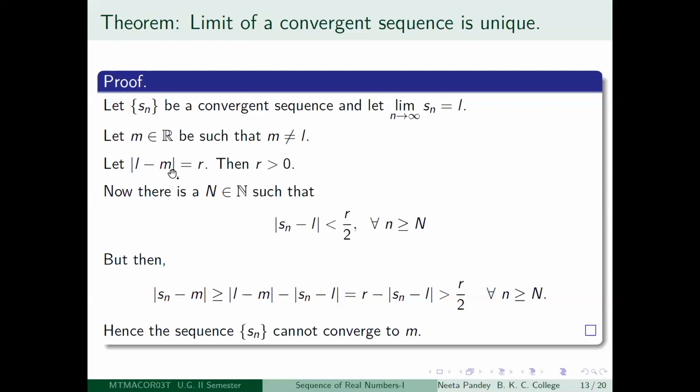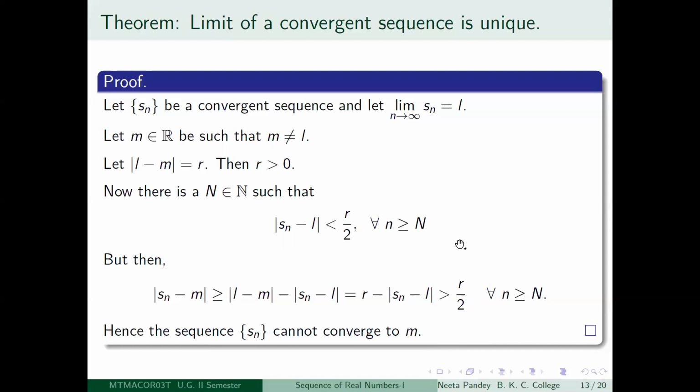Now what do you know about this? L minus m, modulus of that, is exactly equal to R. So this is R minus modulus of Sn minus L. That is going to be greater than R minus R by 2 after the Nth term. So for all little n greater than or equal to capital N, modulus of Sn minus m is greater than R by 2.